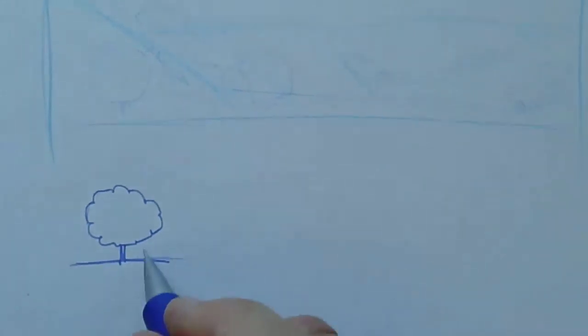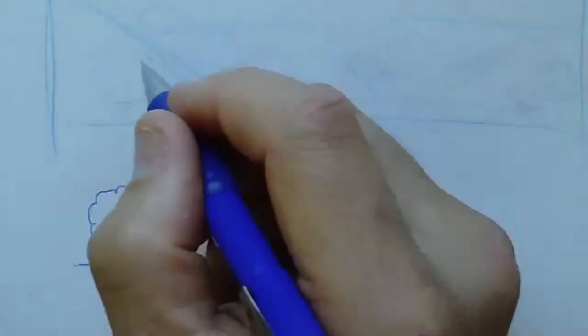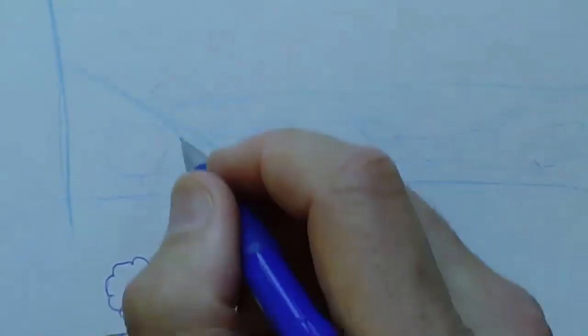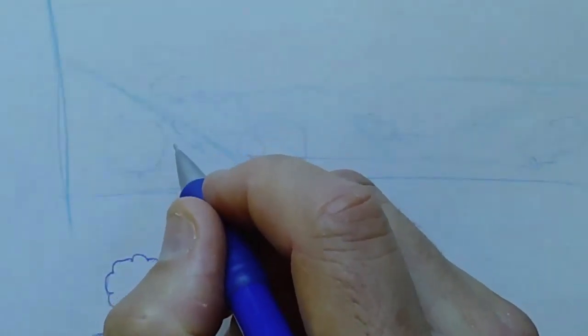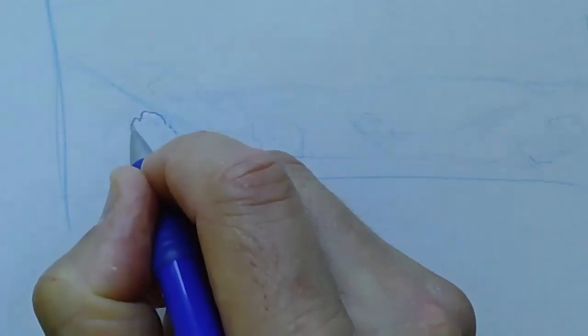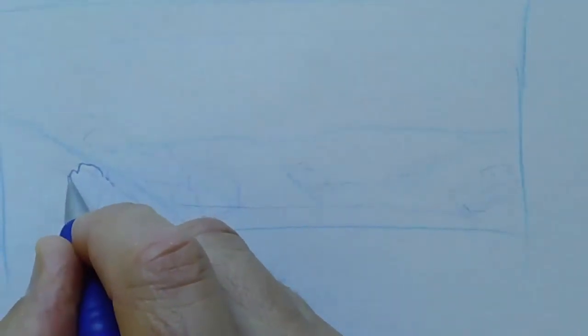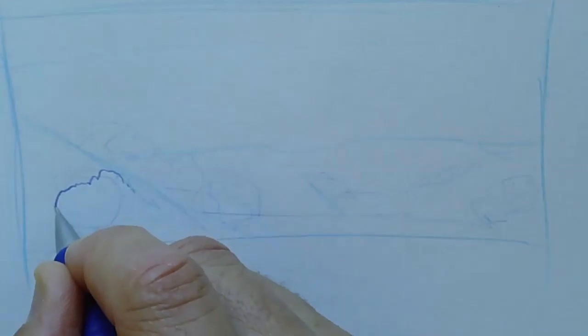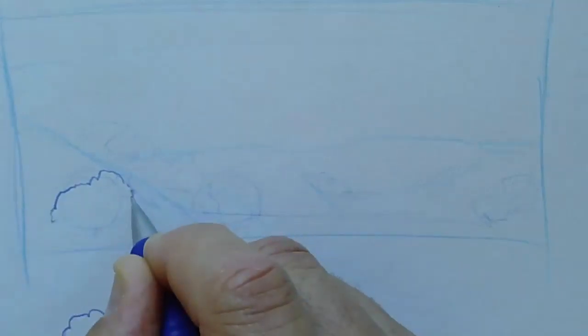So to get to my first little tree here, again, it helps so much if there's a real tree to look at, but on my imaginary tree here, I'm going to have an edge that is intentionally irregular.